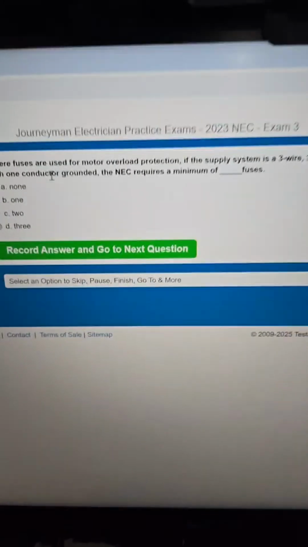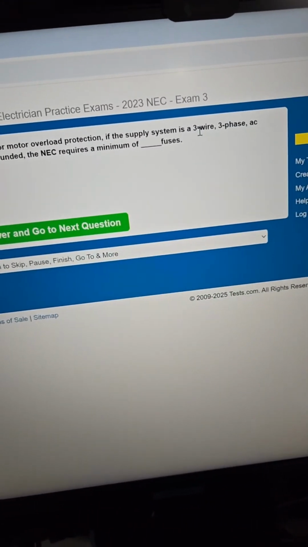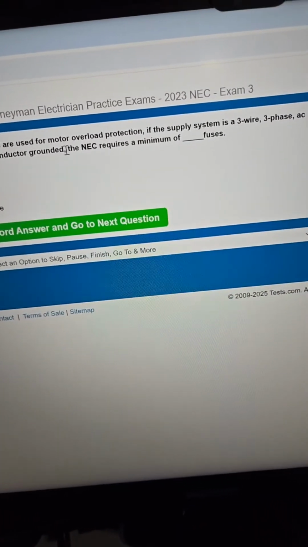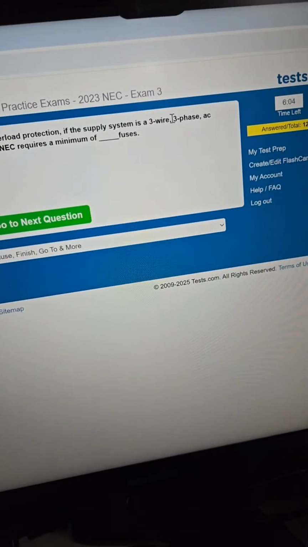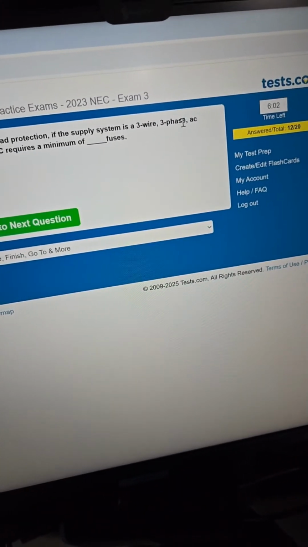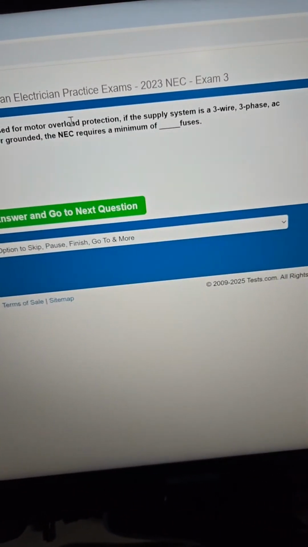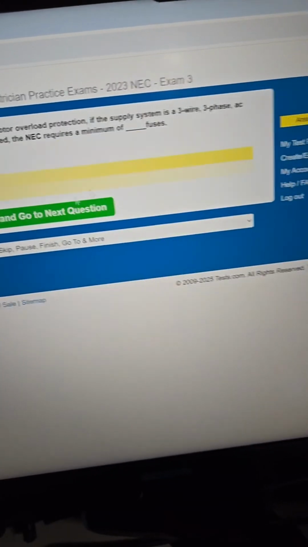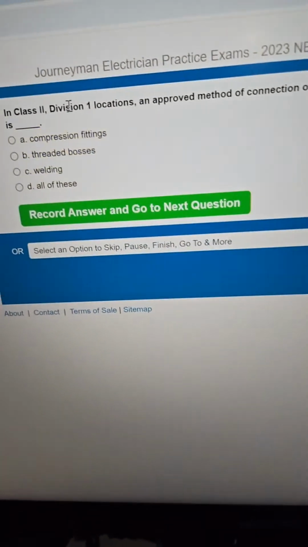Why is 1 conductor grounded if it's 3-phase with a 3-wire? It should be a 4-wire if you have an extra conductor that's grounded. It's got to be 3 though, because you have 3 wires, and it's 3-phase. Three. That question is going to screw me later.